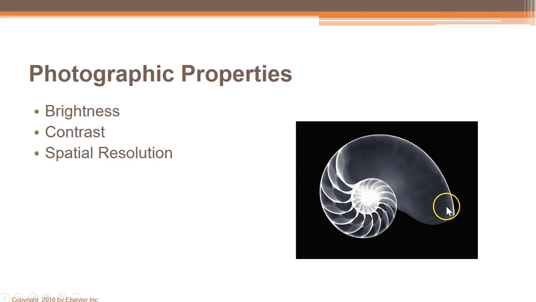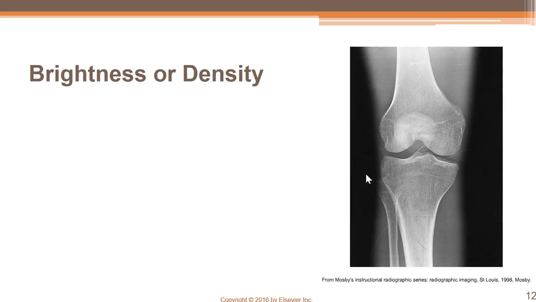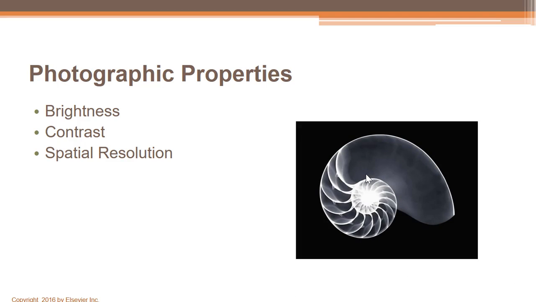This does not have as much shell in it, so there's air here, and that's the contrast between the two. And then when it comes to spatial resolution, we can see the actual lines of that shell, and I just think these are fascinating. But when it comes to what we do every day, it's talking about brightness or density. So let's take each one of those individually: brightness, contrast, spatial resolution.